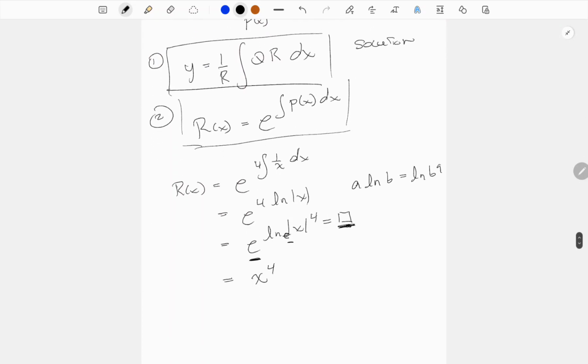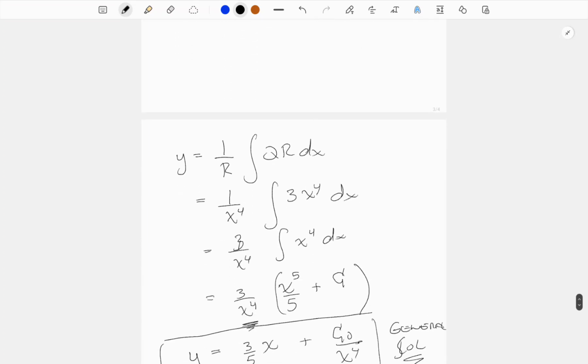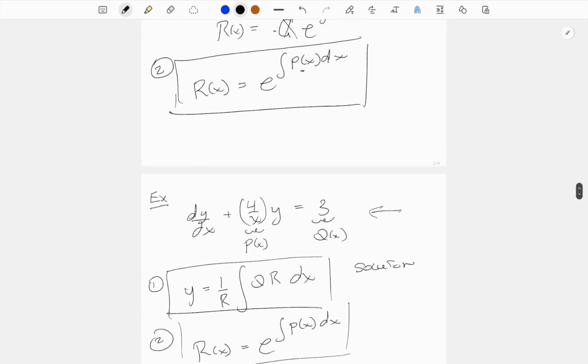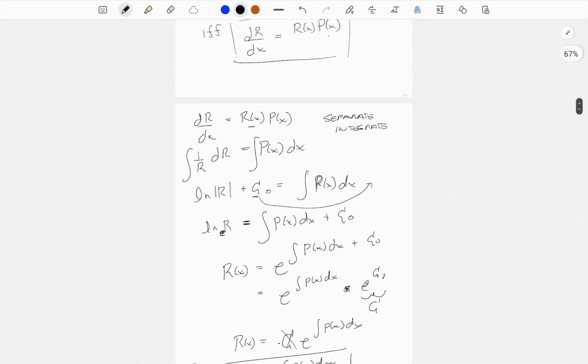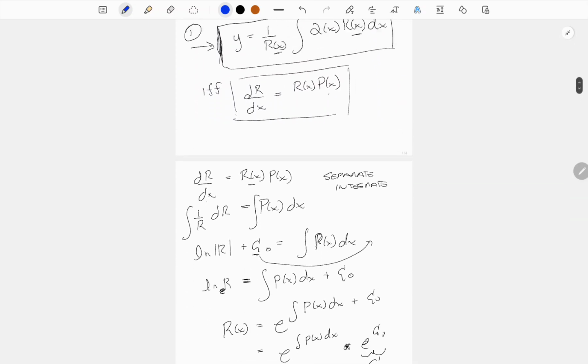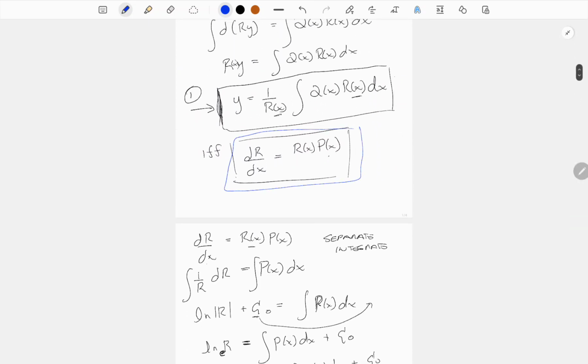So this is the integrating factor method, where we're multiplying both sides of the equation by some function, r of x, in order to get the product rule, to convert our original problem. We're forcing r of x times p of x to be dr/dx, and this guy right here forces it.